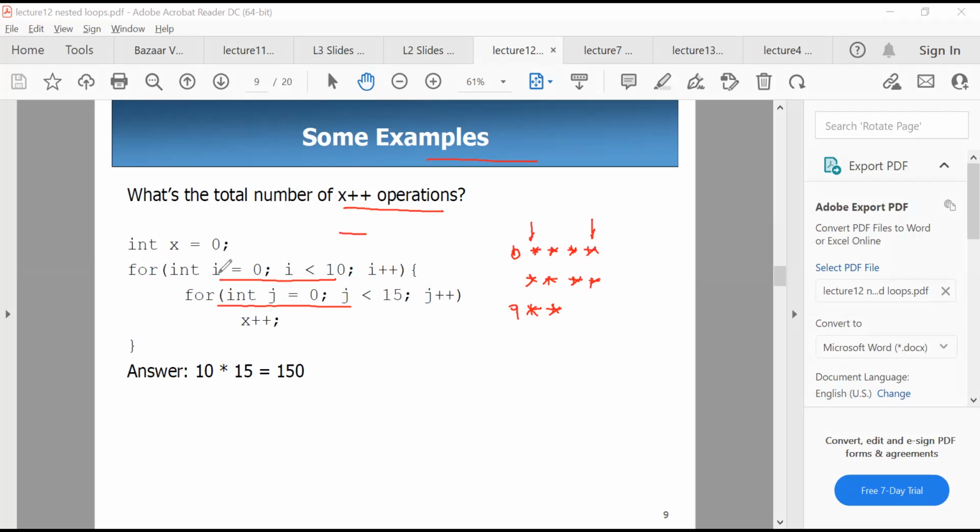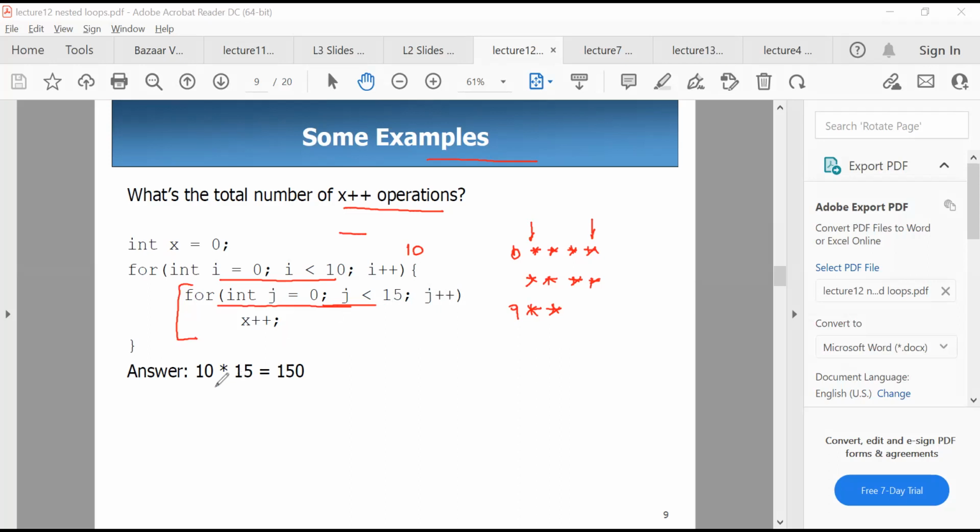For every i value, we run the inner loop 15 times. So if i changes from 0 to 9, for each of those we run 15 times from the inner loop.